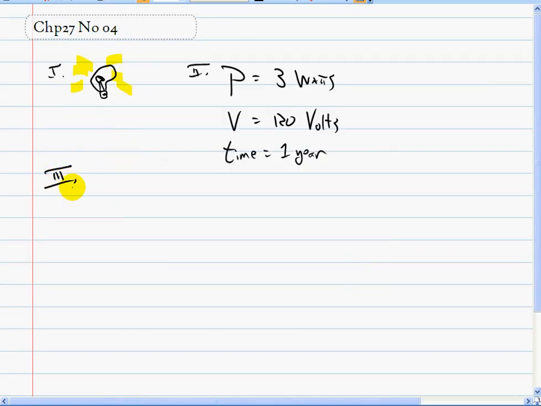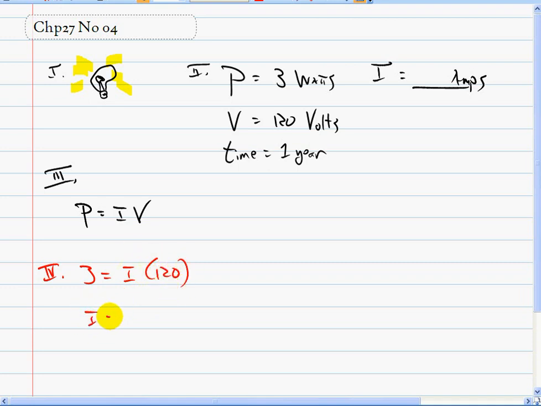That's okay. We're going to find our current, which was our first unknown, I in amps, okay? So in our toolbox, we want to use our power equations. There's 3 versions of the power equation. We'll just use a basic one. Watts is equal to amps times volts. So this is just basic plug and chug, okay? In this case, this one's pretty easy. If the power is 3 watts for my little tiny light bulb, I can find the amps if I divide by the volts, okay?